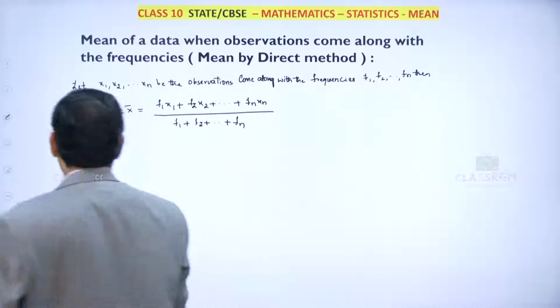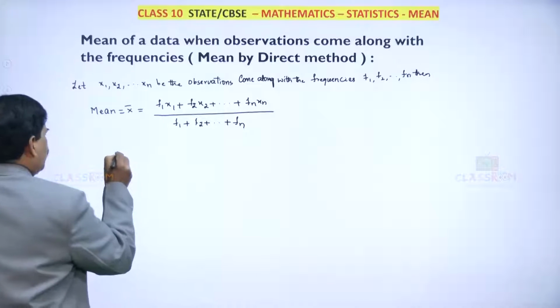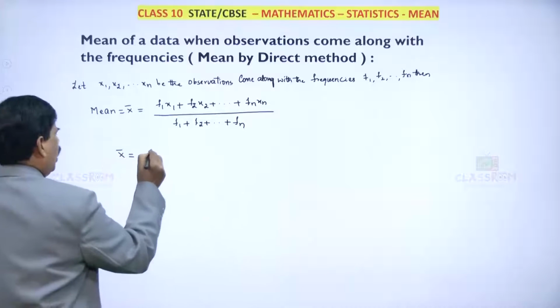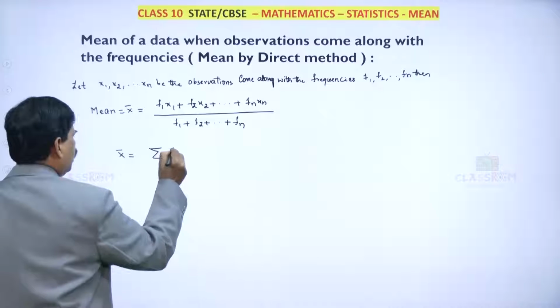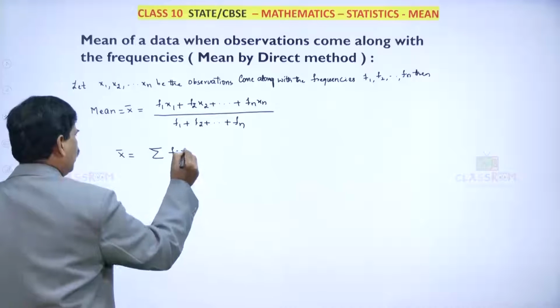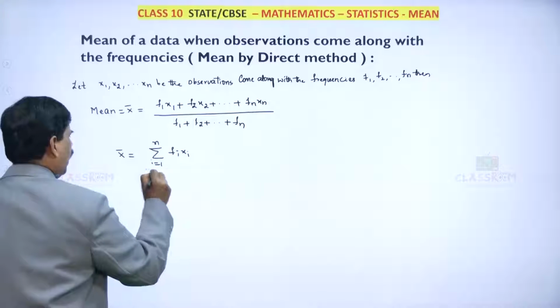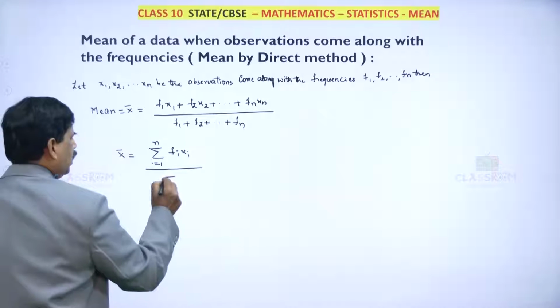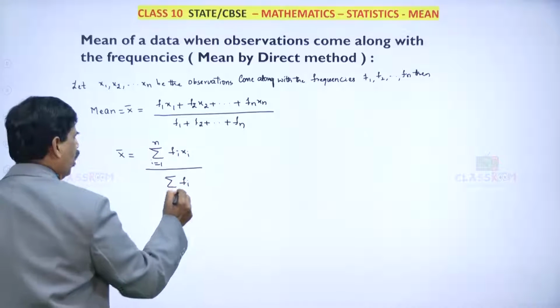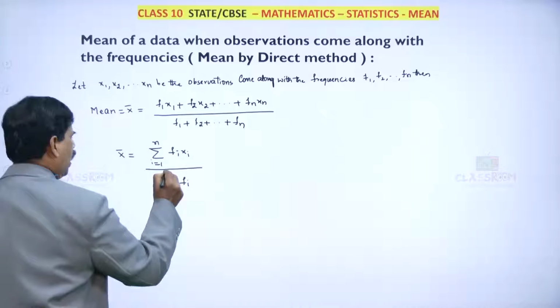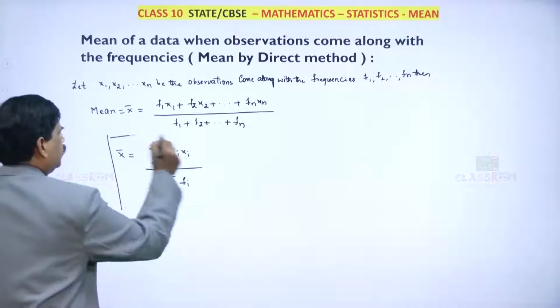So here, you can write this symbolically as sigma fi xi, where i takes the values 1 to n, divided by sigma fi. You are adding all the frequencies, and here also i takes the values 1 to n.